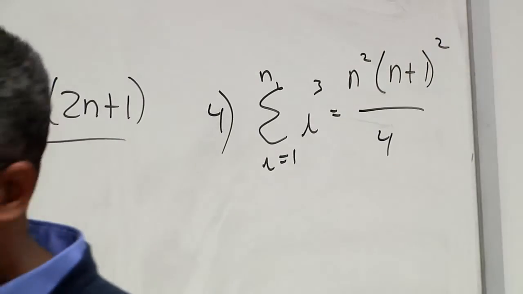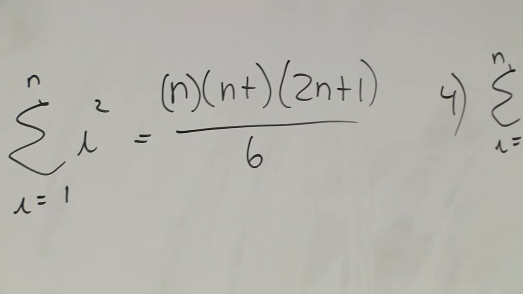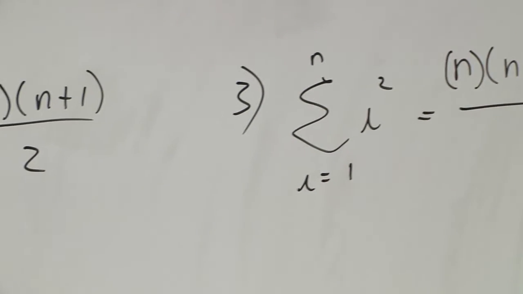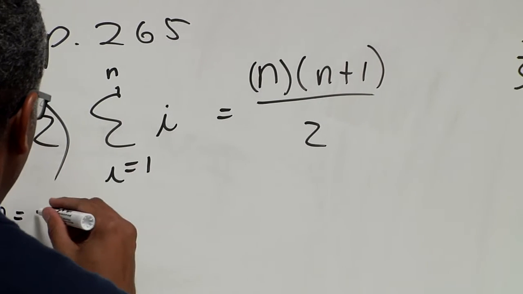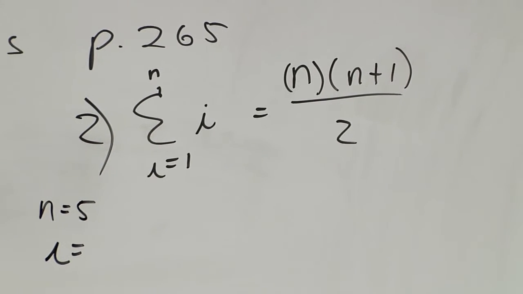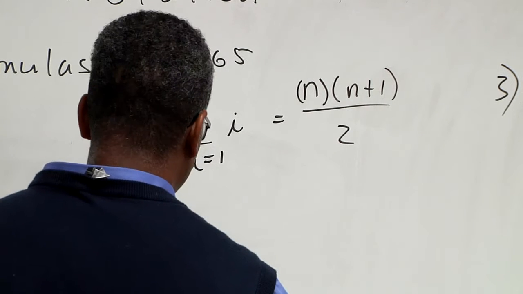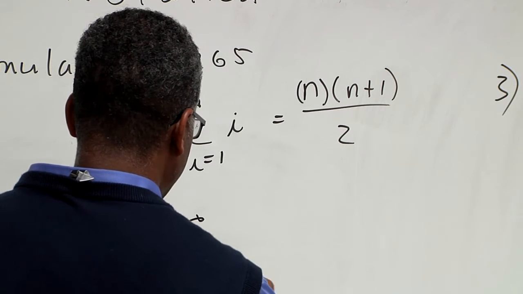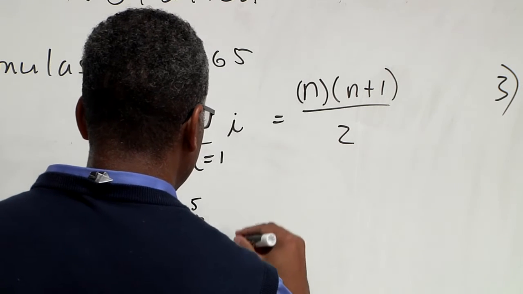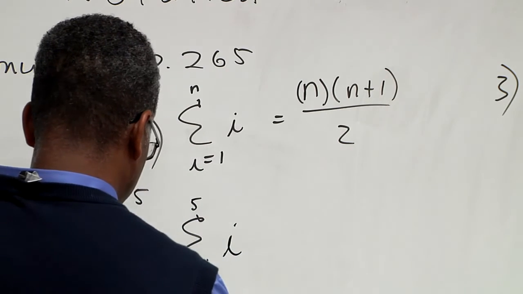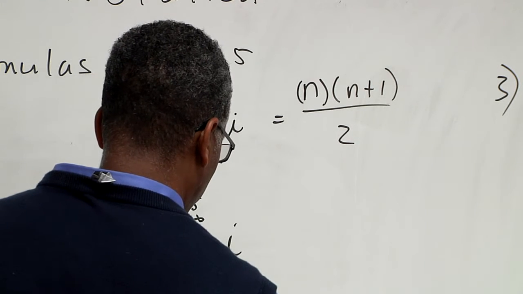So in the lecture we did previously on sigma notation, we spoke about how to understand the formula, and we said that if we make n equal to 5, for example, then the summation from i equals 1 to 5 of i: at i equals 1, i simply equals 1.